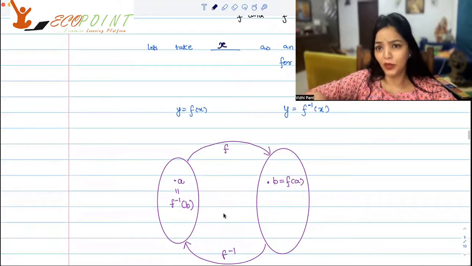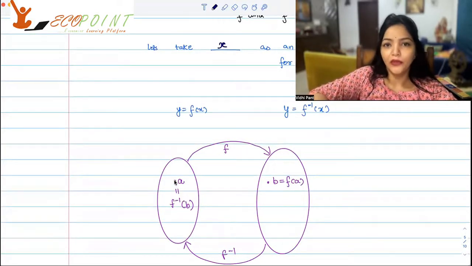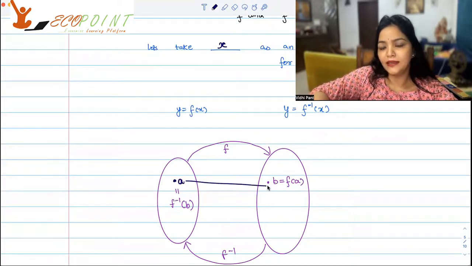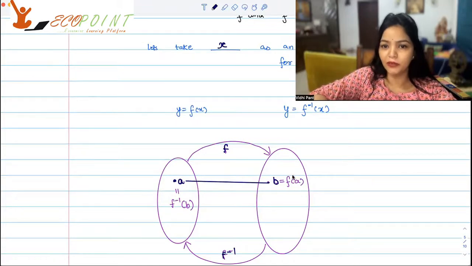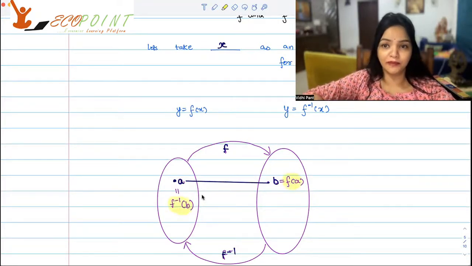When you have an inverse, what exactly happens? So you have an input A, which, when you apply the function f, gives you f of A, which say is equal to B. Now, since we have an inverse, this B, when we apply f inverse, will give me A. So in this process, what is happening? B is equal to f of A, and A is equal to f inverse of B. That's what is happening, right?